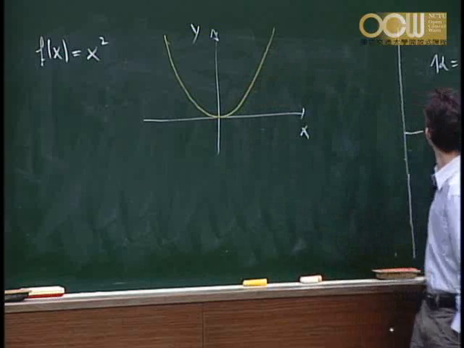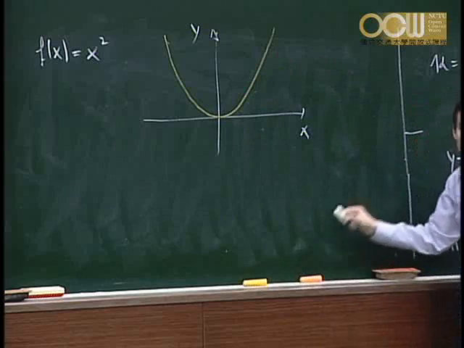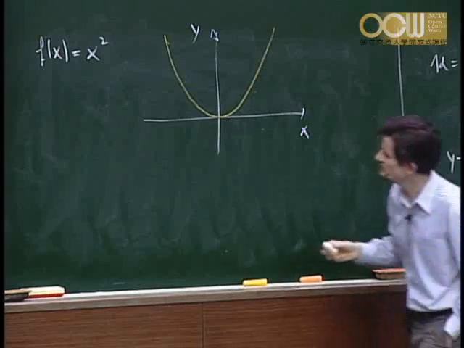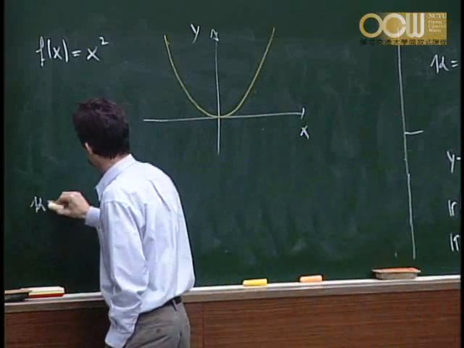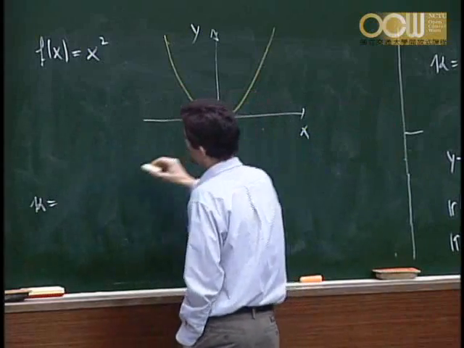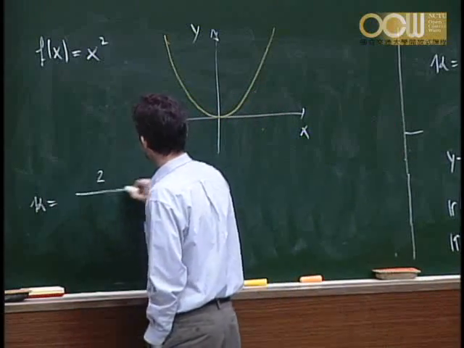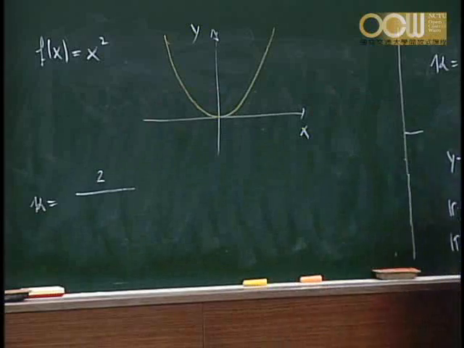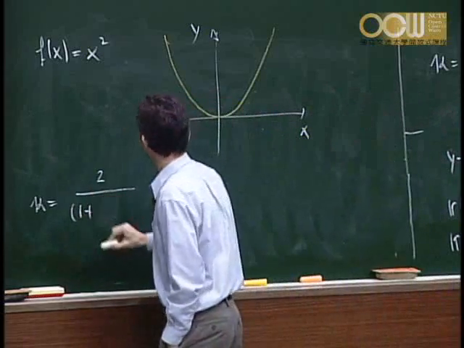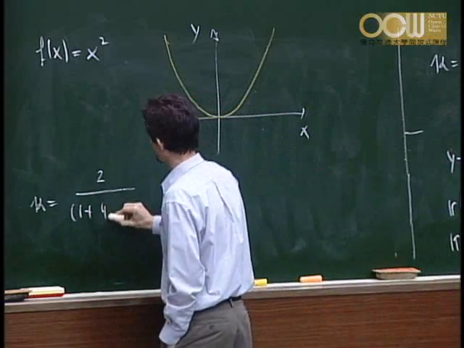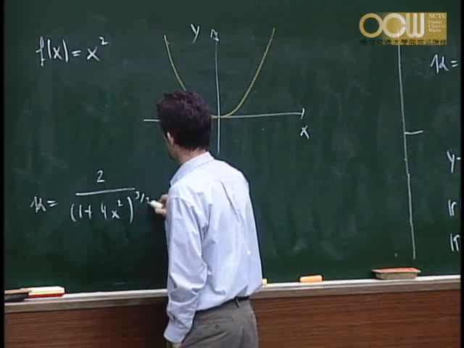But if I use this formula which comes from our general definition, then you see that the curvature is equal to the second derivative, which is 2, over 1 plus the first derivative, which is 2x, so 4x squared, to the 3/2.